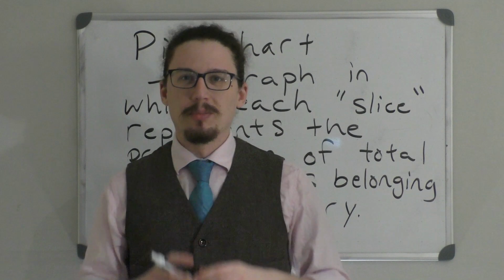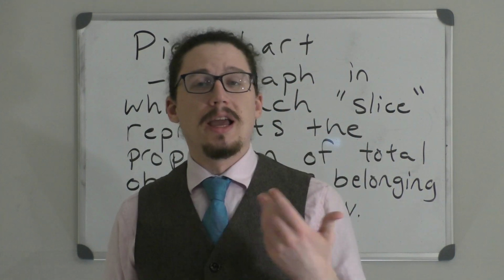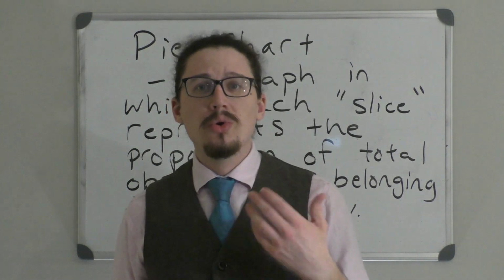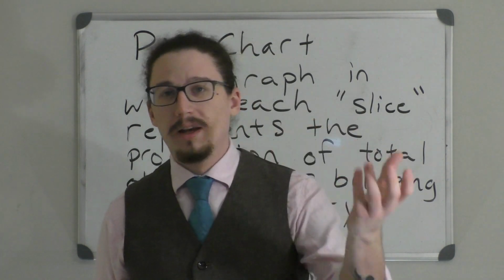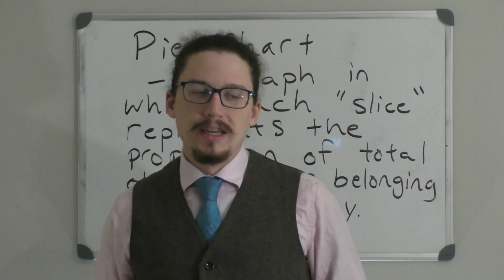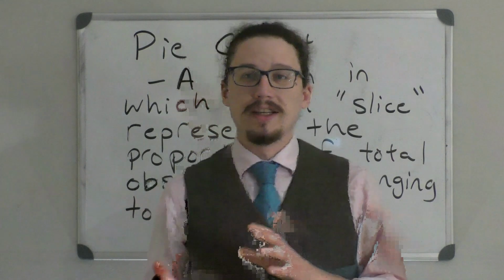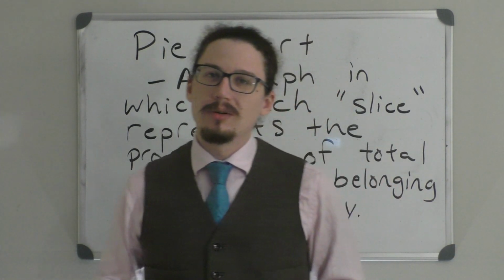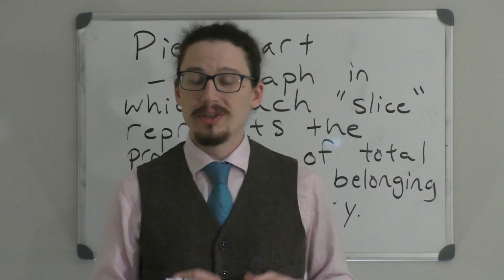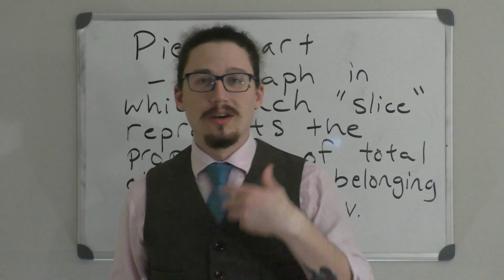There's a pretty famous example, or well, I don't know how famous it is, but it's circulated around. I think it was a political poll. It was a news station looking at who people were going to vote for in a political primary, I believe. They structured the question in a way that was not suitable for that data to then be used for a pie chart, but they did anyways.